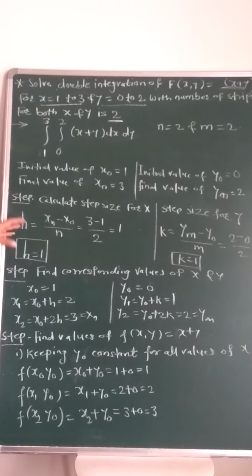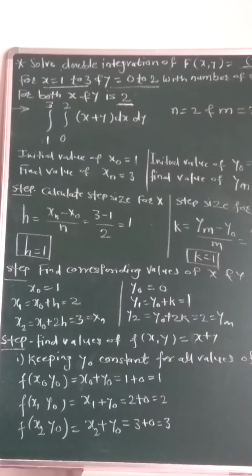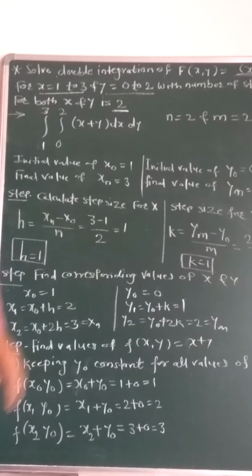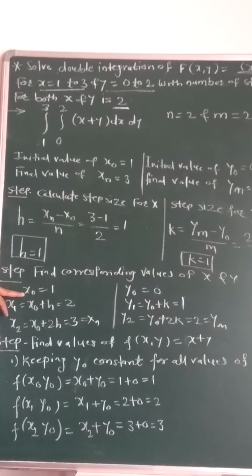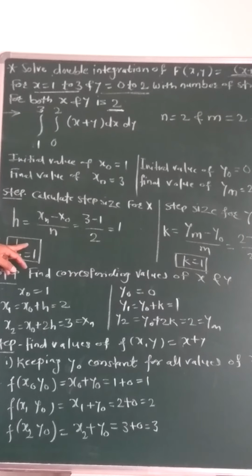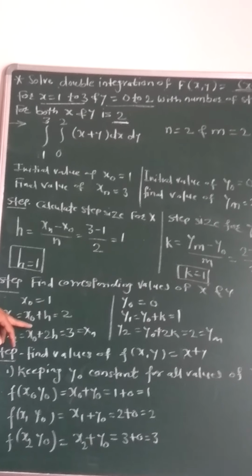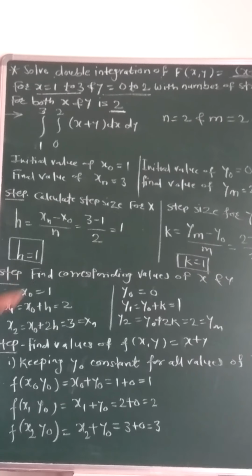Now, the next step is to find the corresponding values of x and y. For this, h is equal to 1 and k is equal to 1, and you have to find the various values of x and y. As we have x0 equal to 1 and step size h equal to 1, the next value x1 is equal to x0 plus h, which is 1 plus 1 is equal to 2.